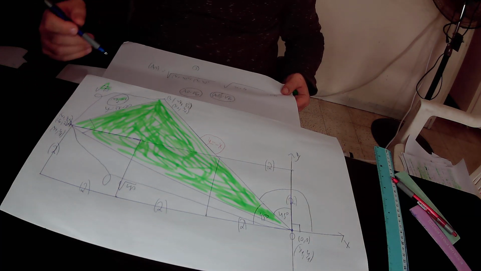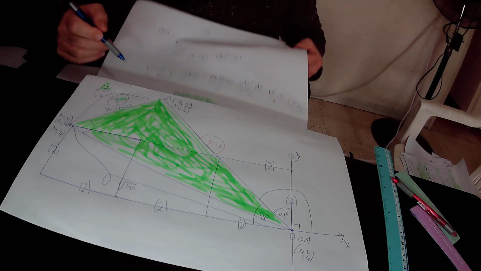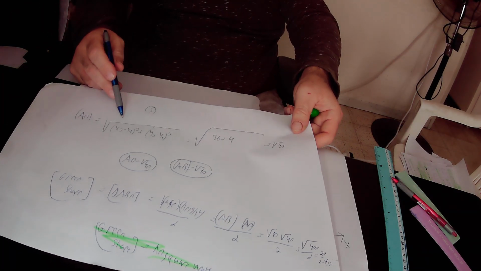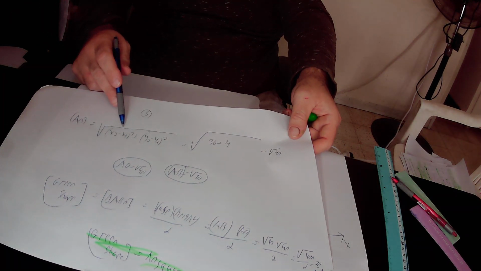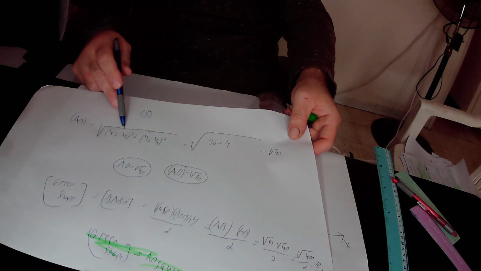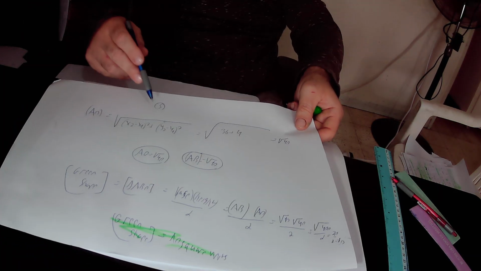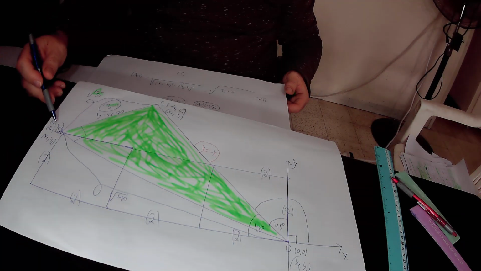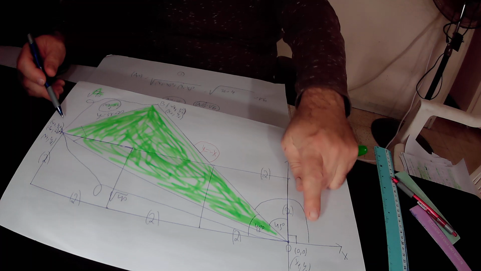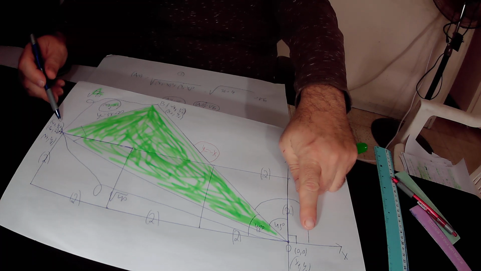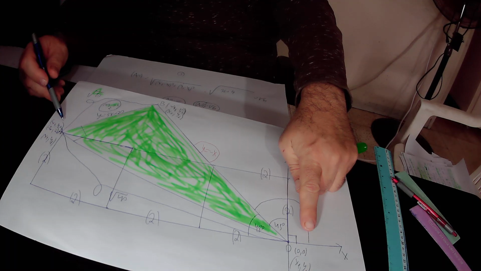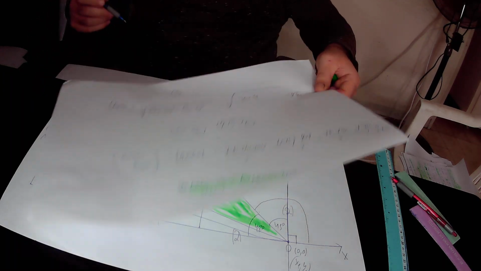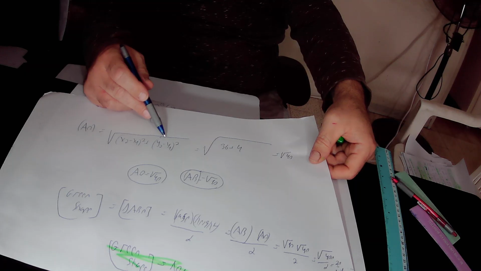Minus 6 minus 0 is minus 6, and minus 6 squared is 36. And we have plus y2 minus y1 squared. y2 is 2, minus y1 is 0, so 2 minus 0 is 2, and 2 squared is 4.